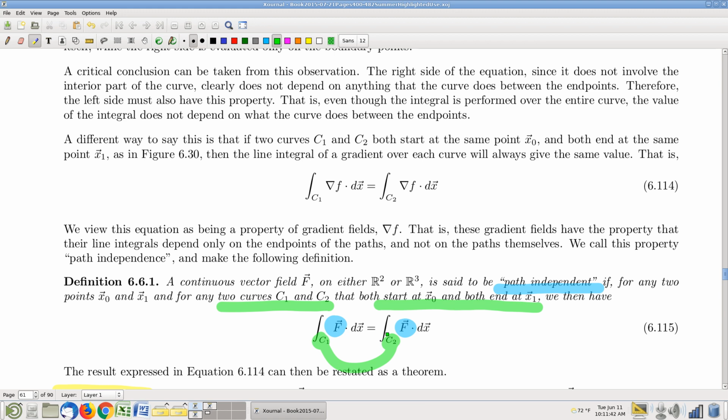All right. So what an odd, kind of fascinating property for gradient fields to have. Right? Pick your favorite path. Doesn't matter. Who cares? Any path you like.